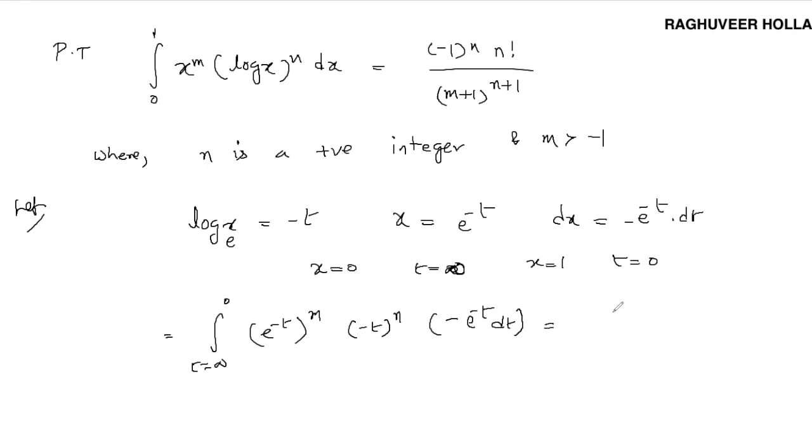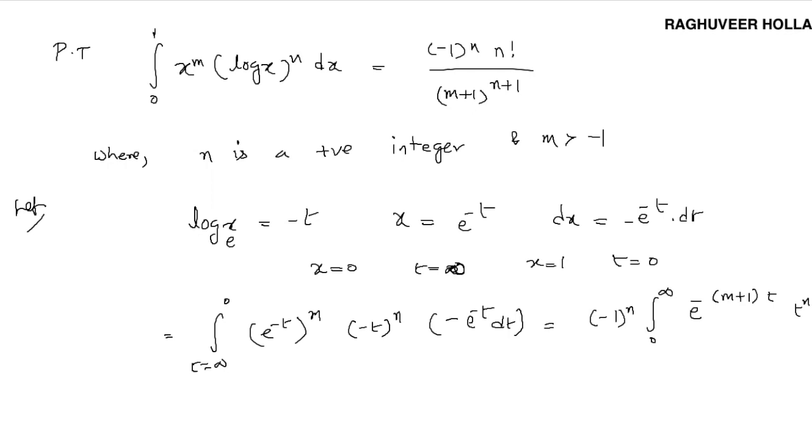Which is equal to minus 1 to the power of n, integral 0 to infinity e to the power of minus (m plus 1) t, t to the power of n dt.